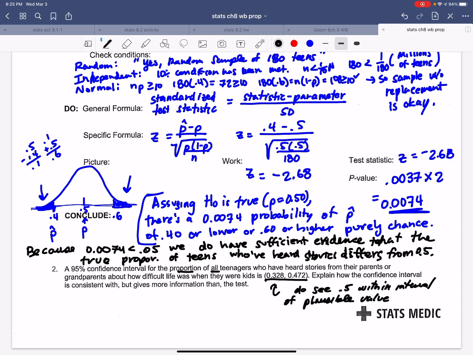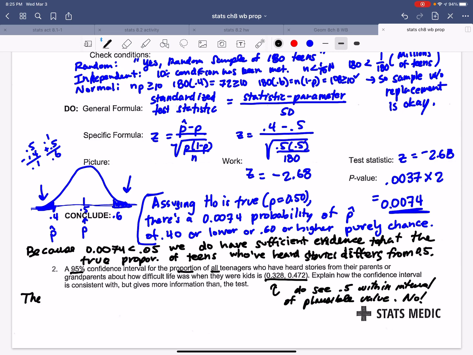And it looks like we do not. So again, this is also evidence that the true proportion of teens who've heard these stories differs from 0.5, because that number was not even in the plausible values we created, and we're 95% confident that it captures the true proportion of teens who've heard that.